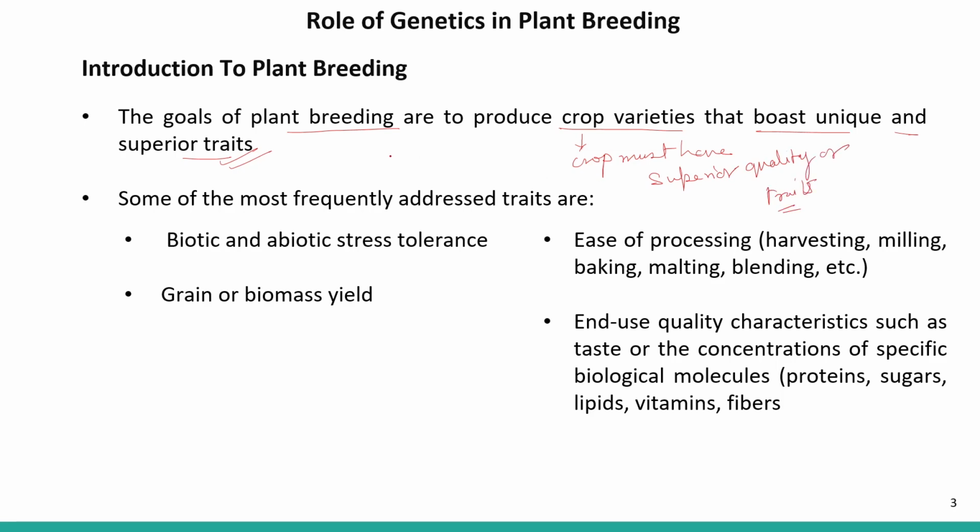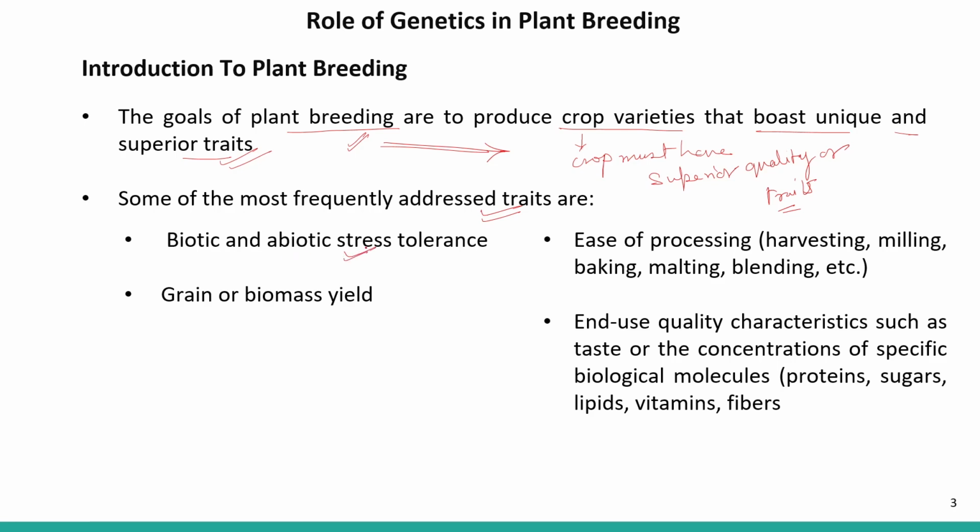Okay, so that is why plant breeding is used to have a crop with good traits or superior traits, right? Some of the most frequently addressed traits are biotic and abiotic stress tolerance.